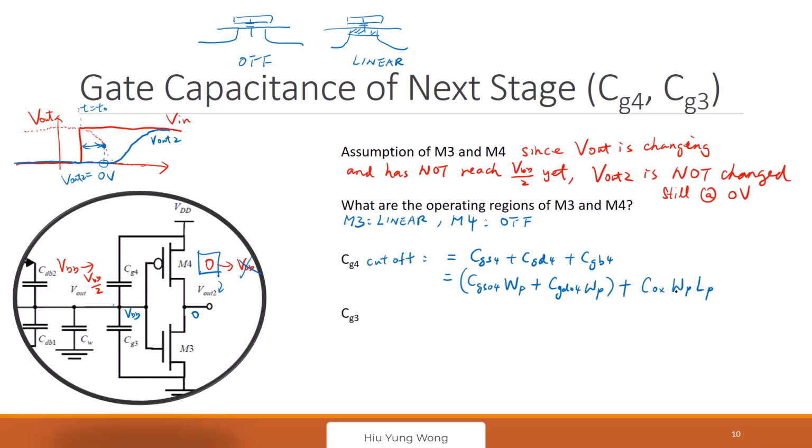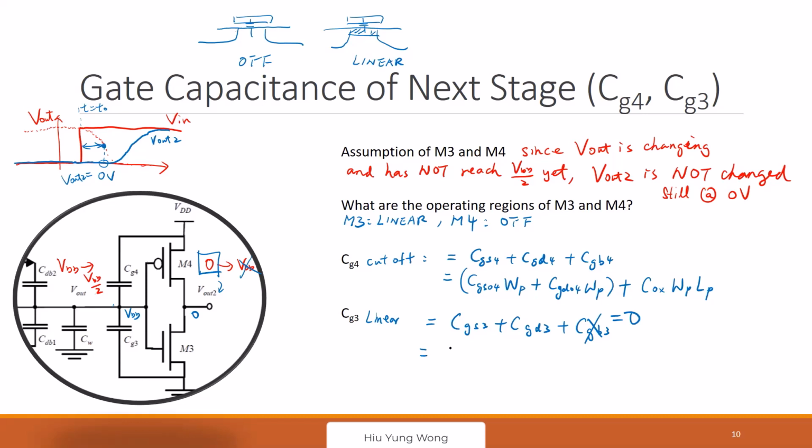How about for CG3? Linear. Okay, so what are they? Again, you have CGS3 and CGB3, but you don't have CGB3 because you have this inversion channel blocking it. If you remember, in linear mode, we assign half of the capacitance to source and half to the drain.